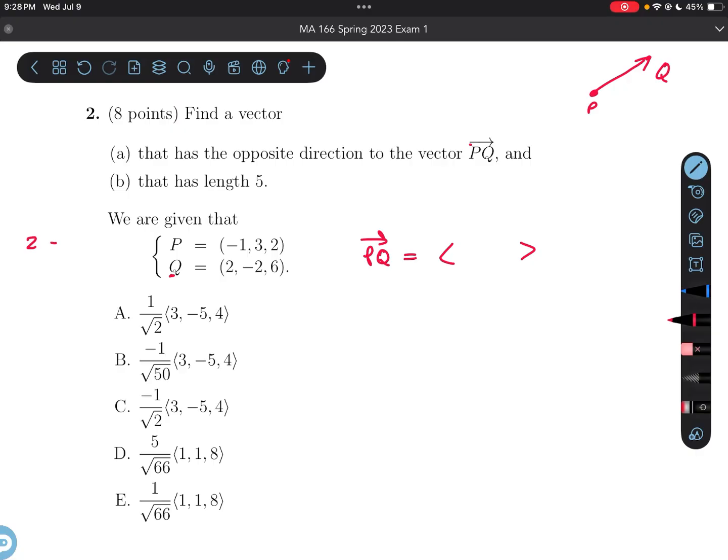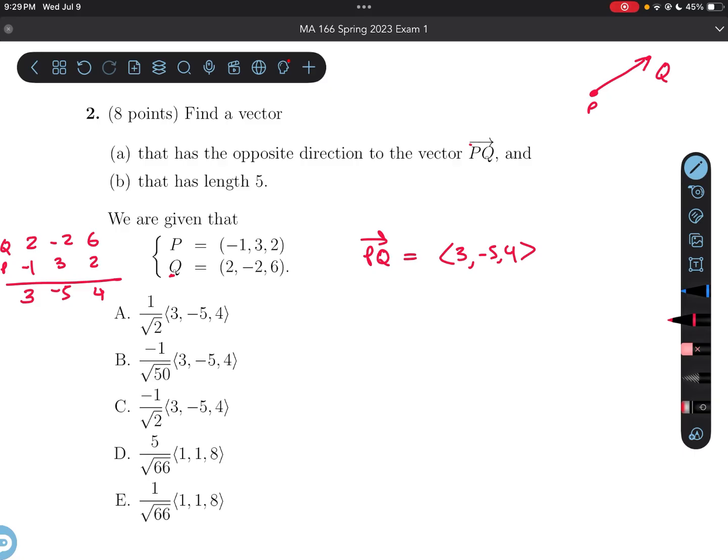I'm going to put Q on top and P on the bottom and subtract. 6 minus 2 is 4, -2 minus 3 is -5, 2 minus -1 is 3. So the value of PQ is (3, -5, 4).